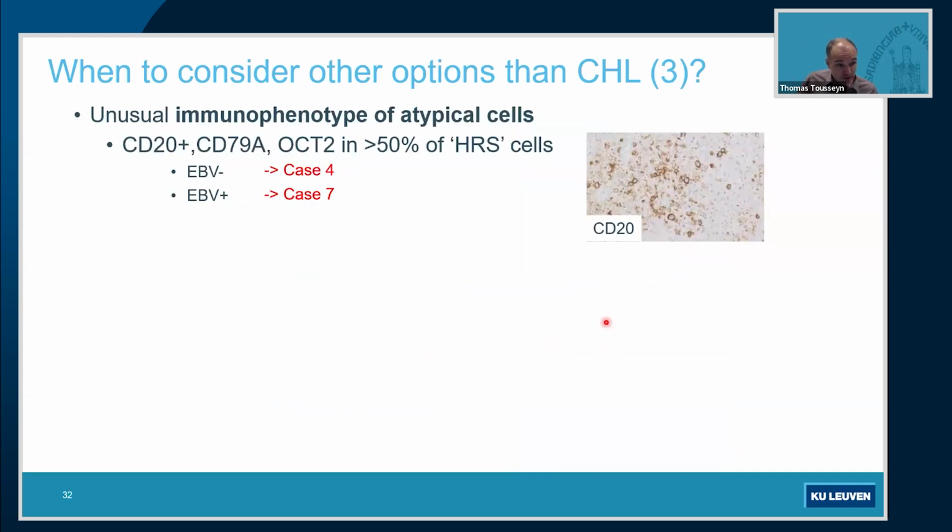Regarding the immunophenotype, I explained to you the typical immunophenotype, and now I will go into three cases with an unusual immunophenotype of the atypical cells. The first two will be cases that have a B-cell program that is quite extensive. I told you normally there's only weak PAX5.